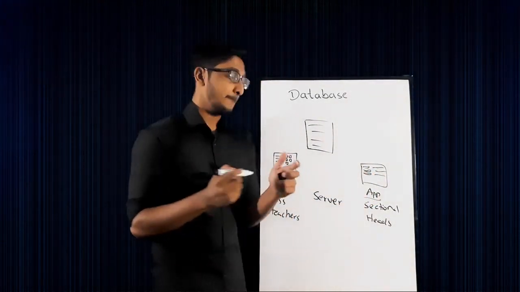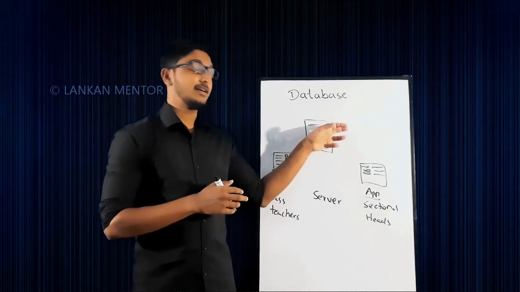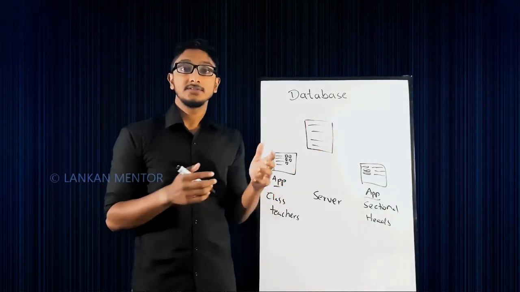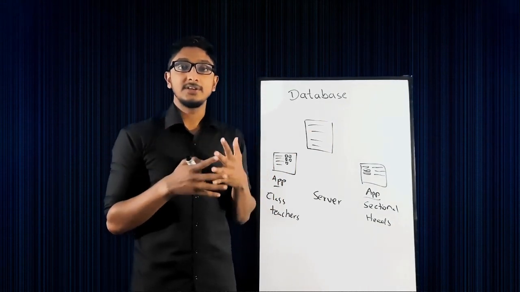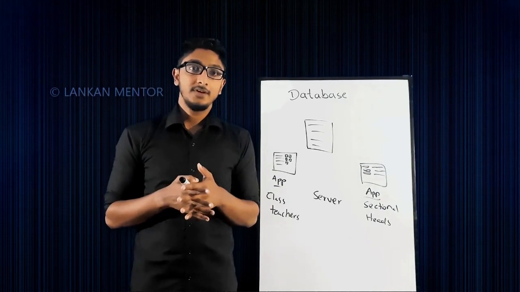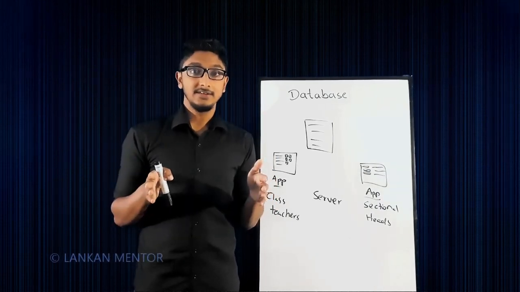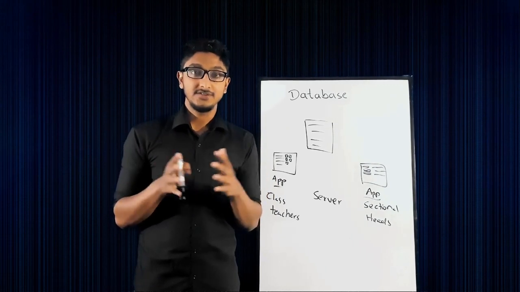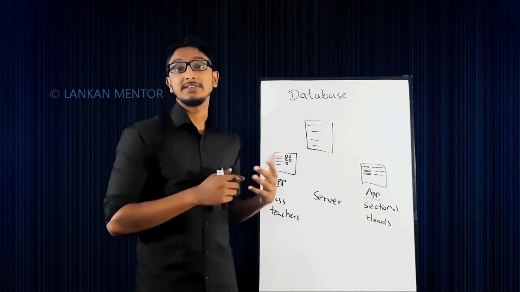Let's say this app will also be connected to the same database, right? The same database will contain information about teachers, but in a different table. These databases have tables, just like in Excel, just like in spreadsheet software. You have tables in a database.